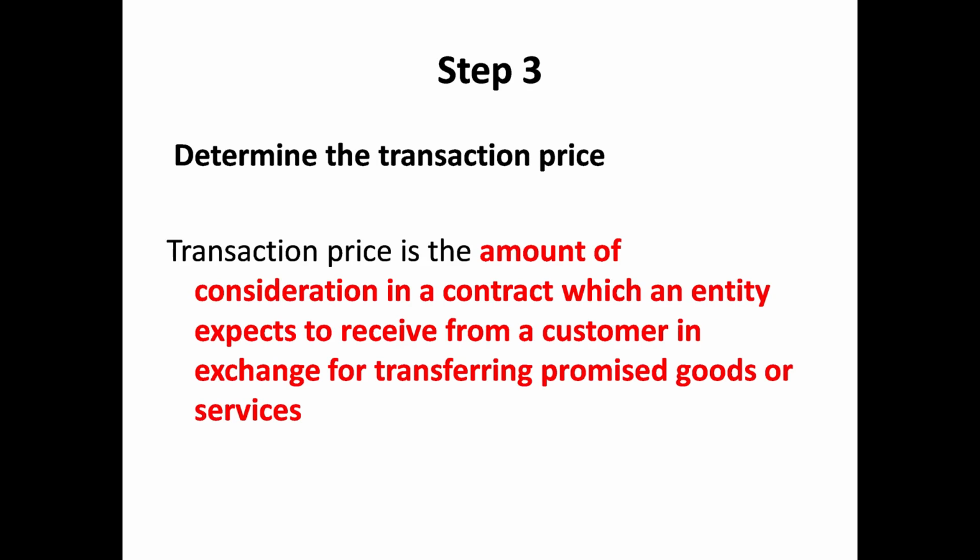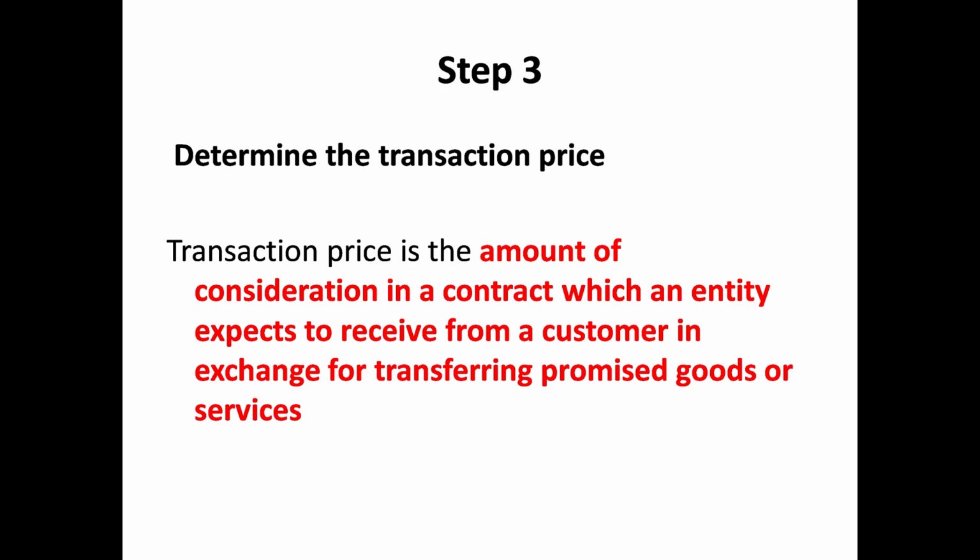Now step 3. Step 3. Determine the transaction price. What do you mean by a transaction price? It is the amount of consideration in a contract which an entity expects to receive from a customer in exchange for transferring promised goods or services.